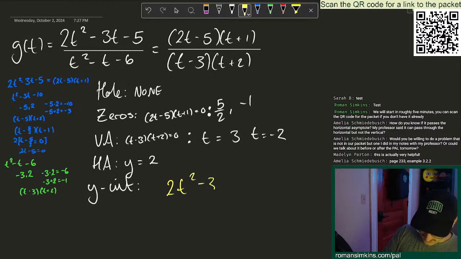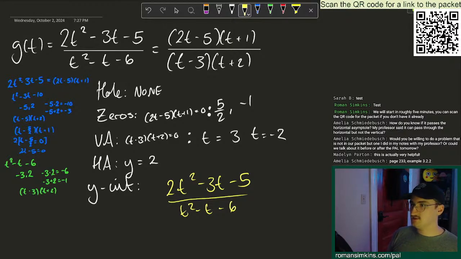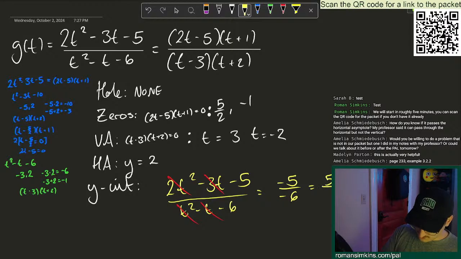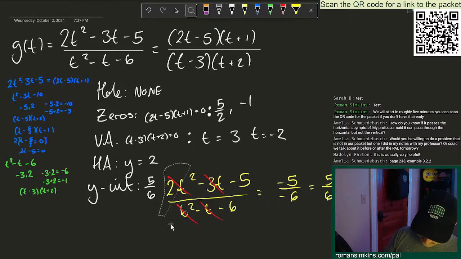If I take this and set t equal to 0, a whole bunch of stuff disappears immediately. Anything with a t goes away, because anything times 0 is 0. So what are we left with? We're left with negative 5 over negative 6, which equals positive 5 over 6. So positive 5 over 6 is going to be our y-intercept.